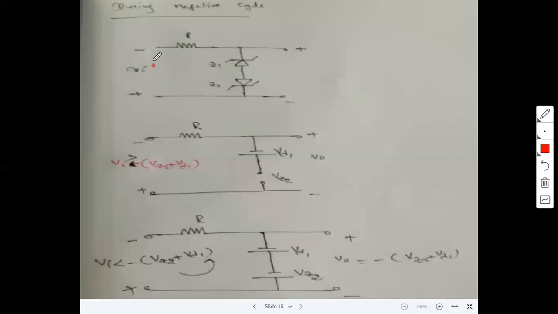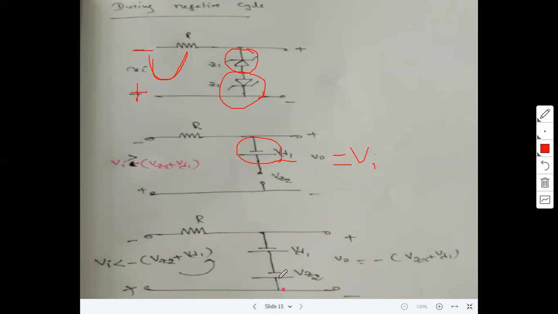Now in the negative cycle, these are the polarities. This is plus, this is minus. Zener diode 2 enters into reverse bias. Zener diode 1 enters into forward bias, acting as a normal diode having some V gamma 1. If the input is on the negative side greater than Vz2, not in breakdown, it is an open circuit, V0 is equal to Vi.